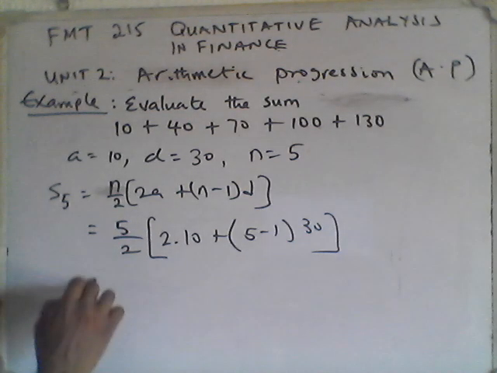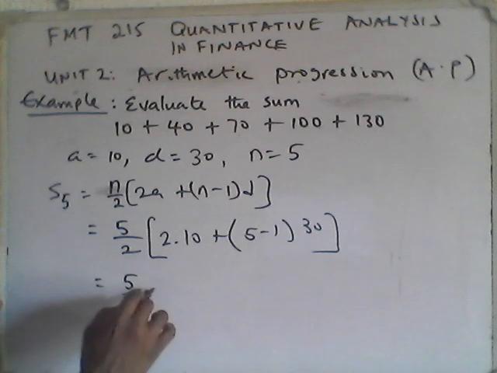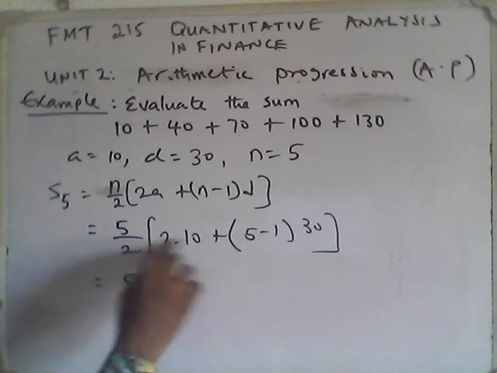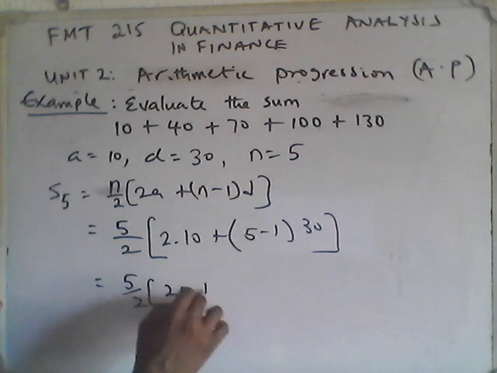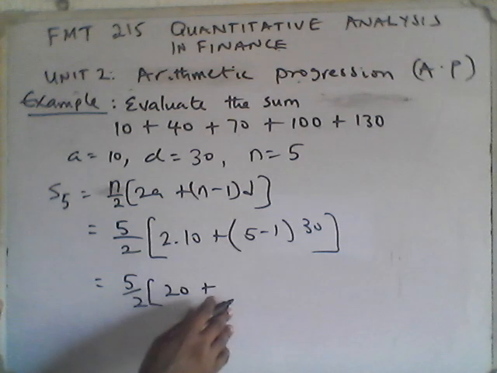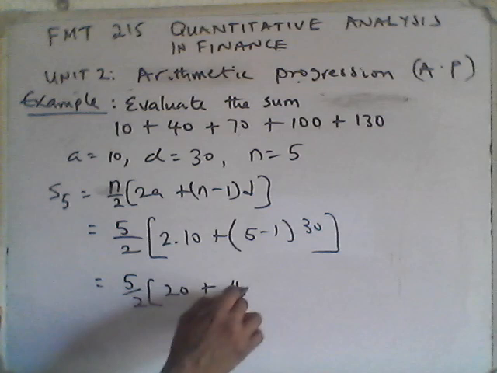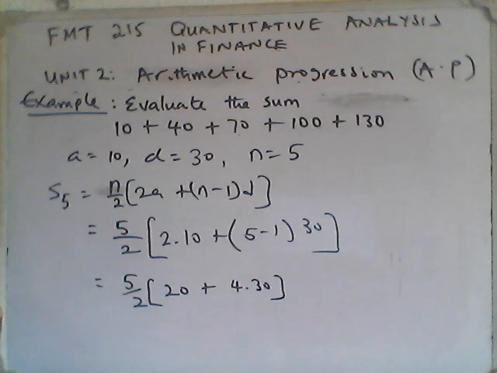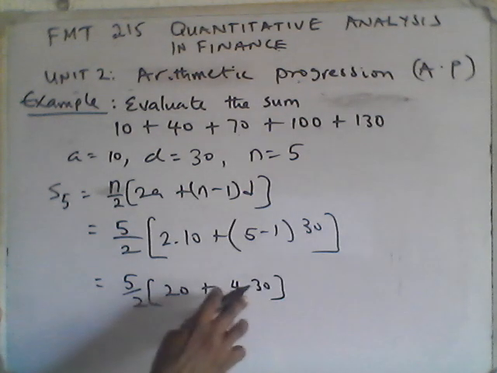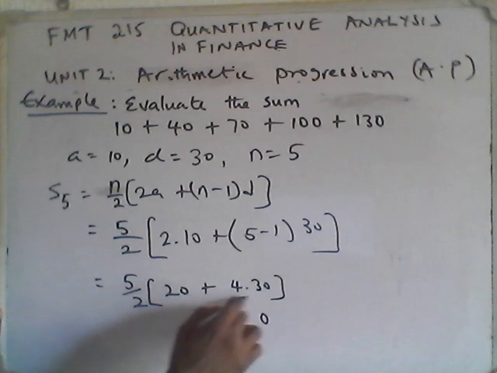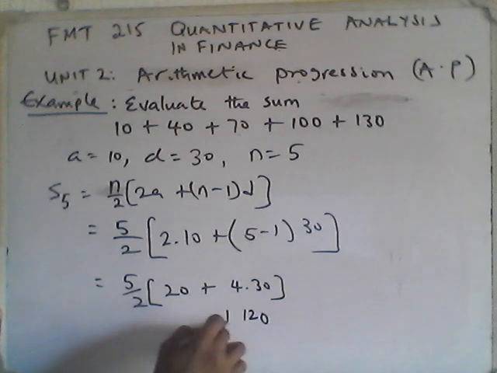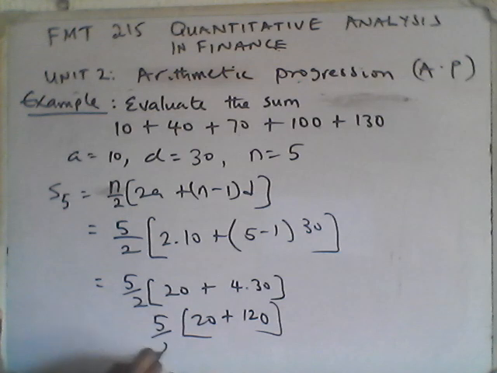So 5 over 2 times 2 times 10, which is 20, plus 4 (that is 5 minus 1) times 30. 4 times 30 is 120, plus 20 gives 140, all multiplied by 5 over 2.